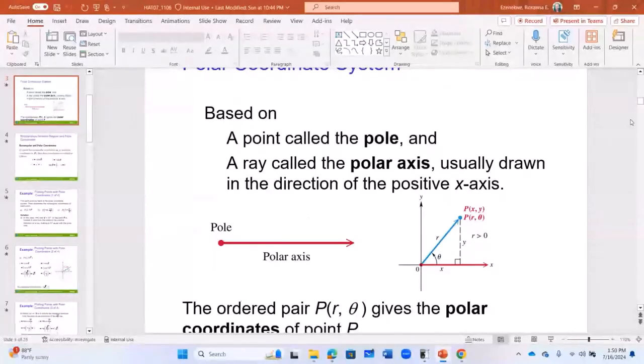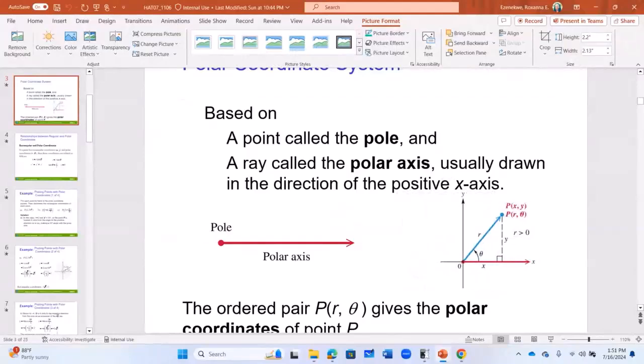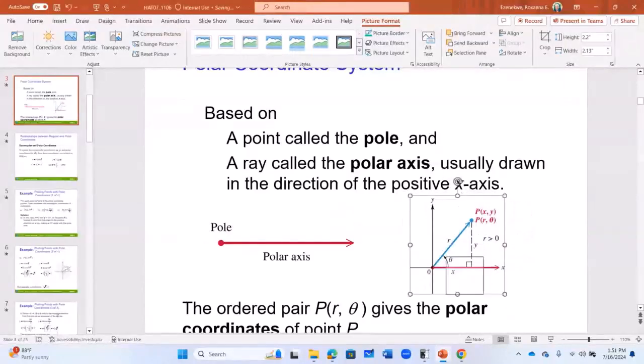R is equal to the square root of x squared plus y squared. There's something called the polar axis, and the point given to you is called (r, theta).